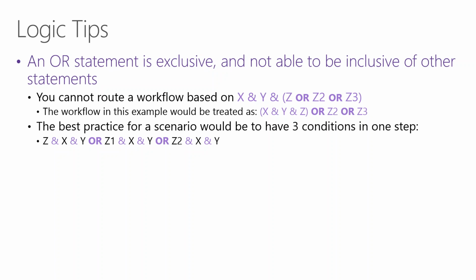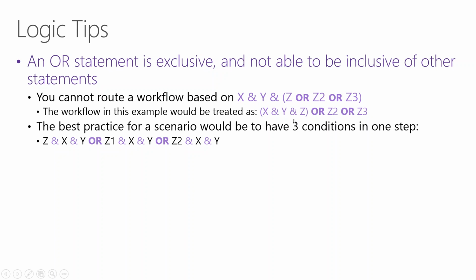So some of the logic tips that are available to you: an or statement is exclusive. It's not able to be inclusive of other statements. For those of us who use Excel, we can't route for workflow based on X and Y and one of these three choices.